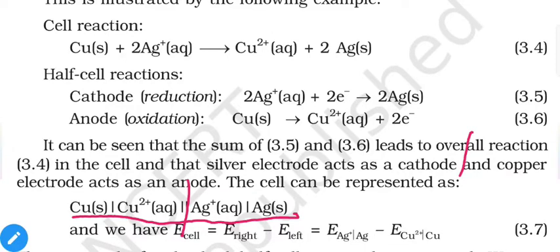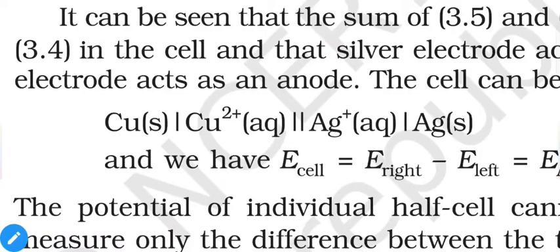Now each of these half cells has its own reduction potential value, but you cannot directly measure those reduction potentials. So how can we find them? You can find the difference between their potentials. Suppose the potential of the copper half cell is X, and the potential of the silver half cell is Y. So you can find the difference between their potentials, that means X minus Y is equal to the cell potential.